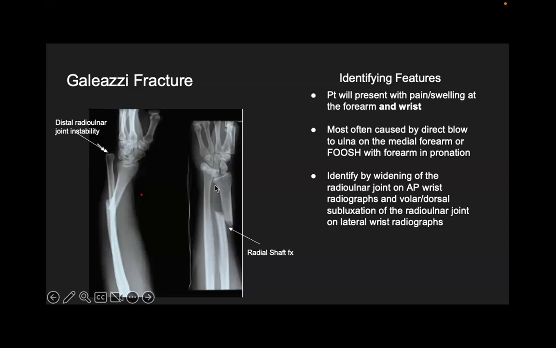And on the lateral, you could also see subluxation of the DRUJ. So here you could see it kind of out of place. These are supposed to overlap. And obviously you see the fracture of your radial shaft, and it's completely dislocated out here. Okay. Any questions?